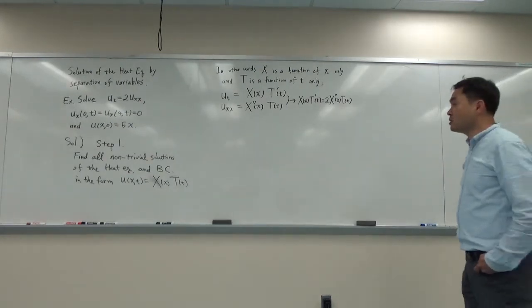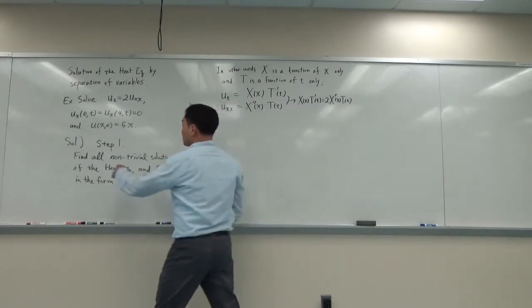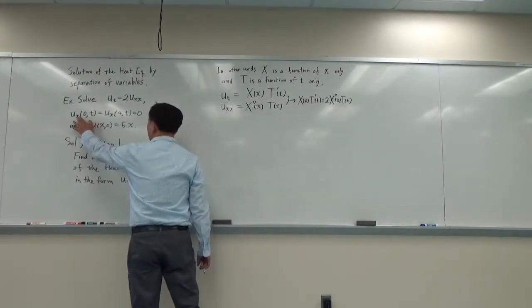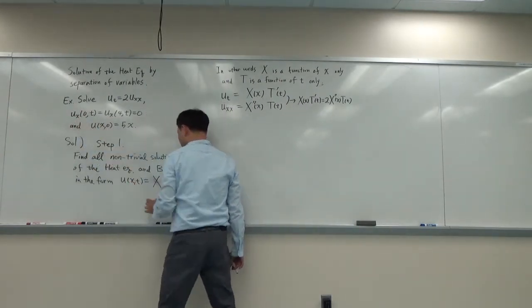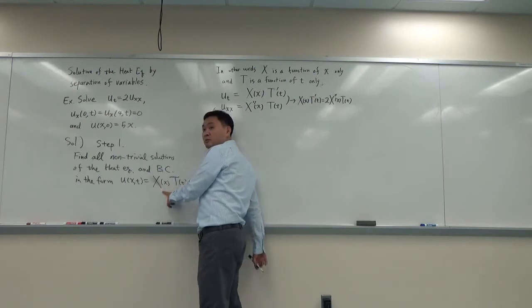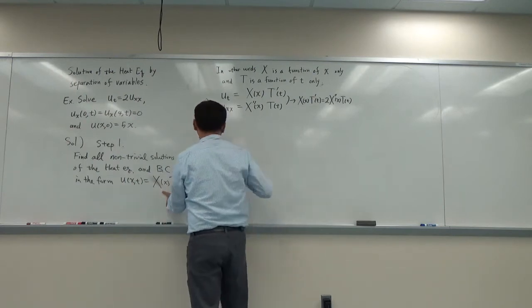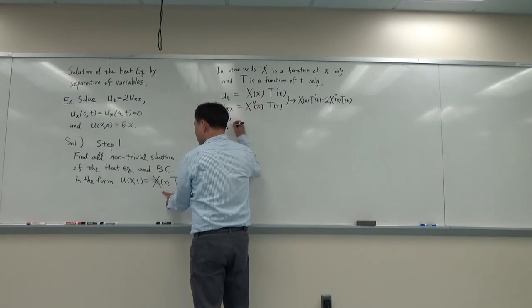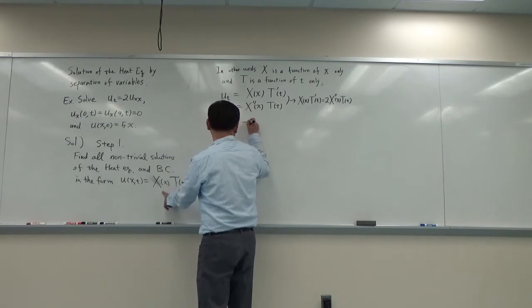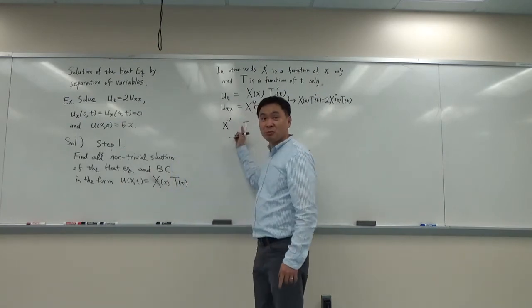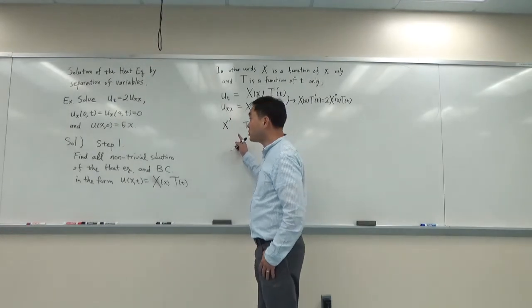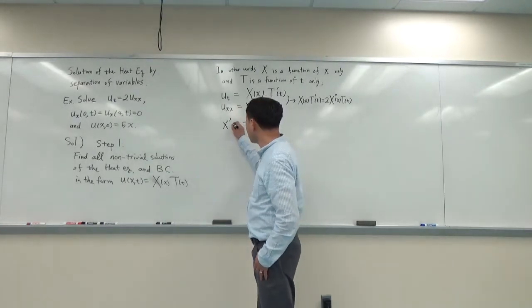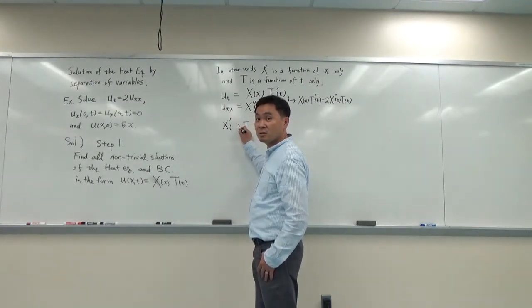Now let's apply this one. What is u_x then? It's X prime of x times T of t, right? You differentiated once in x, but you're plugging in 0 and t. So what goes in here? 0.